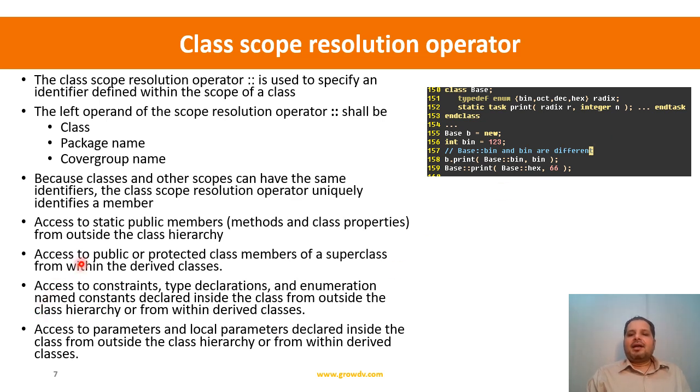By language feature, it also allows access to public and protected class members of a superclass from within the derived class using the resolution operator. But you have to be careful, as we discussed, that if the properties are non-existent, you could see some error cases.